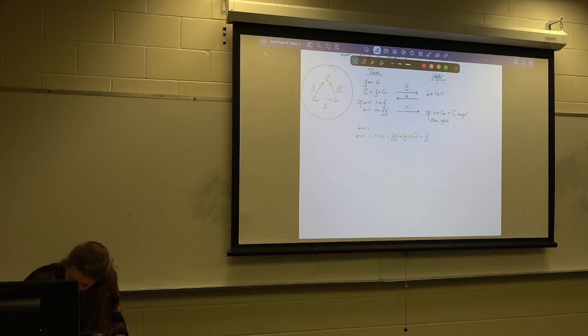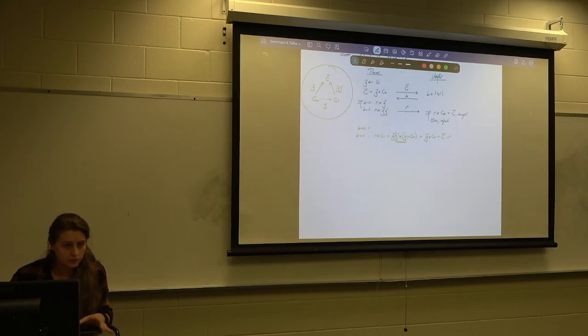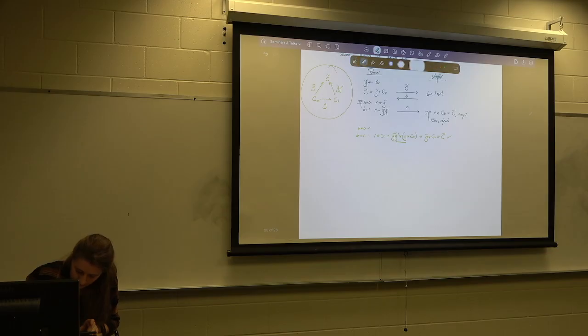And these cancel and you get this. In both of these cases, the verifier will accept if the prover is doing everything correctly.